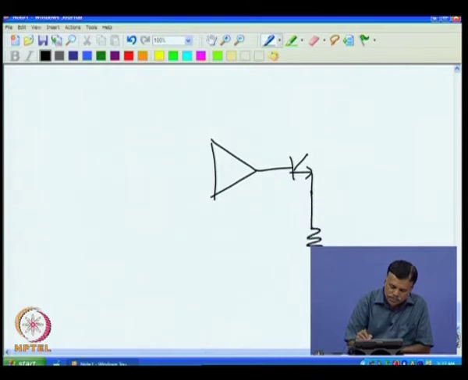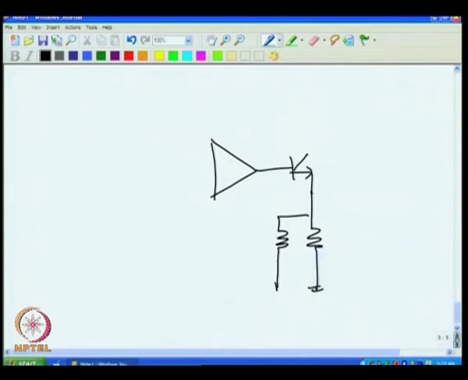So we take this, then we put a potentiometer here, that is connected here. We call this the span potentiometer. This can be 235 or even a little higher, so it may be 250 ohms or so.